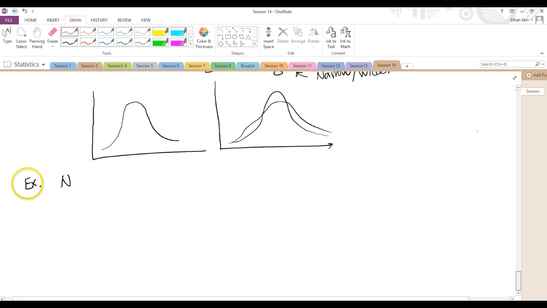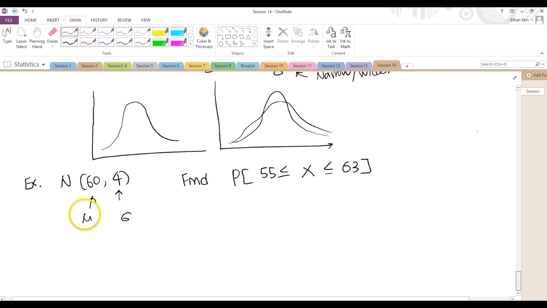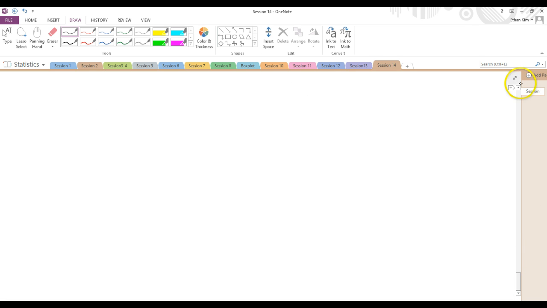For a normal distribution of 60, 4, where this represents mu and sigma, find the probability that x is greater than or equal to 55 and less than or equal to 63. And this is a normal distribution. So we're looking at these two intervals.